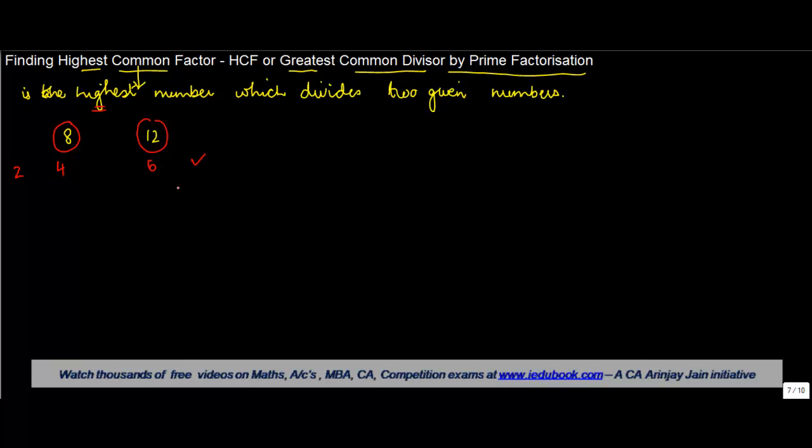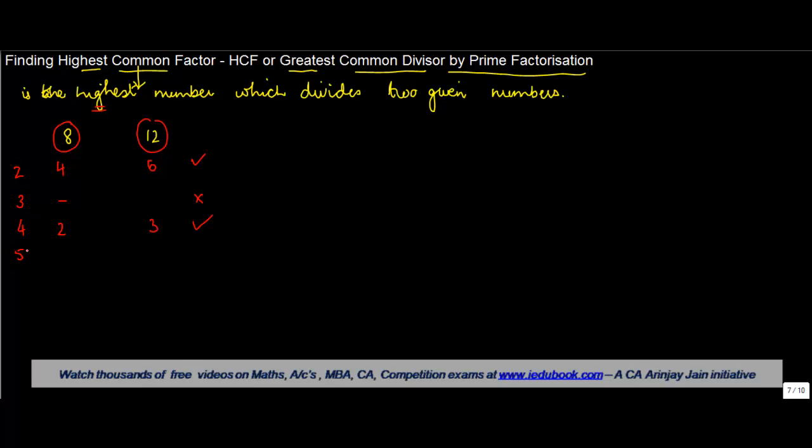So the answer is yes. How about 3? Well, 3 doesn't divide 8 exactly, right? So it's not there. How about 4? 8 divided by 4 gives us 2, right? And 12 divided by 4 gives us 3. So it divides both of them.